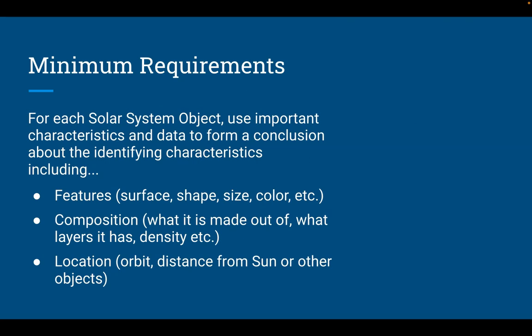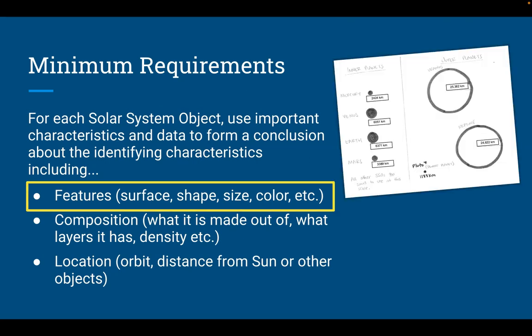In your conclusion, you should include things such as their features, which might include information about their surfaces or shapes or color. You will also need to include information about their sizes. You can find the size information on the exemplar packet which has been provided to you. The sizes in the packet are the radius of those different objects.